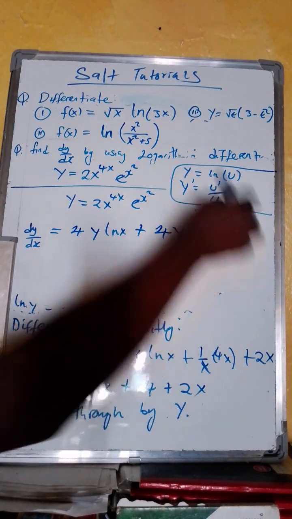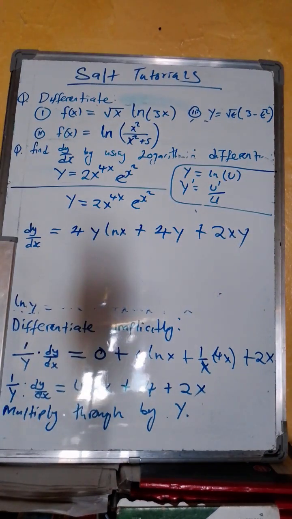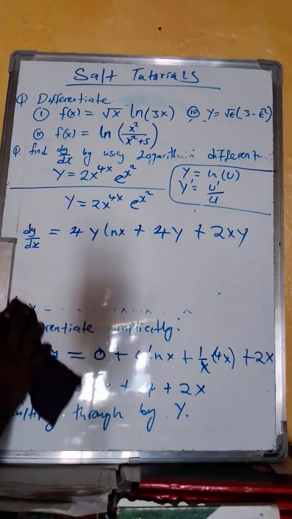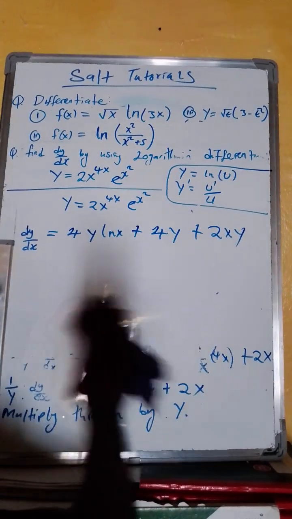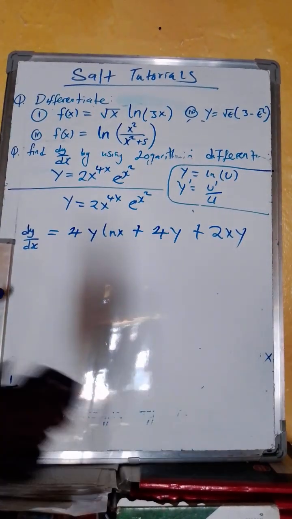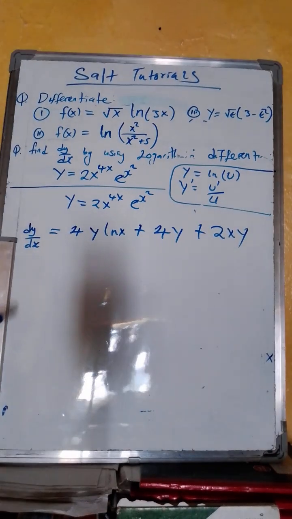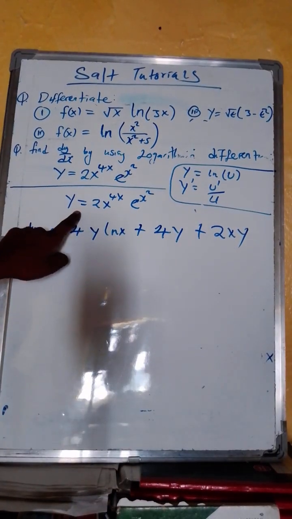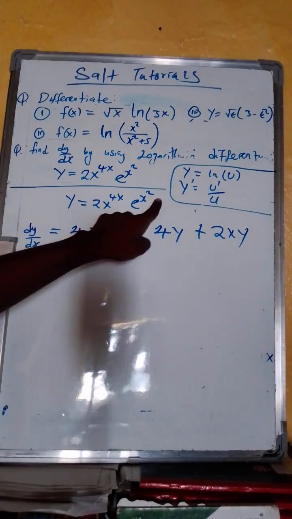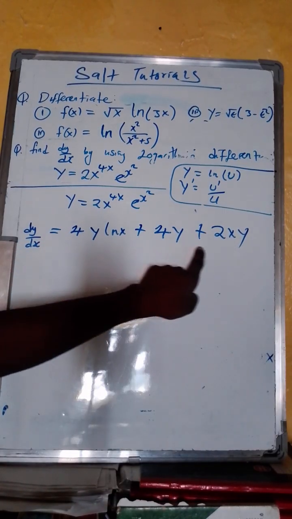Then things become simple. You're even done now. So the only last stage you can do here is replace back the value for y. y in the first place was 2x^(4x) e^(x squared). So everywhere there is y now, we replace back with this.